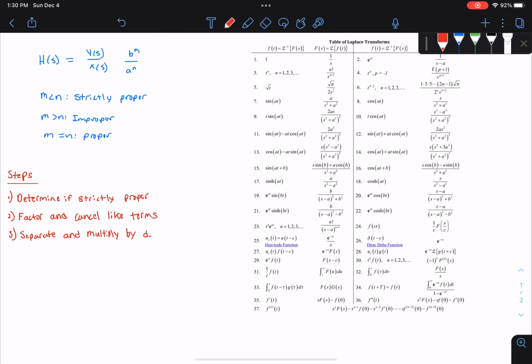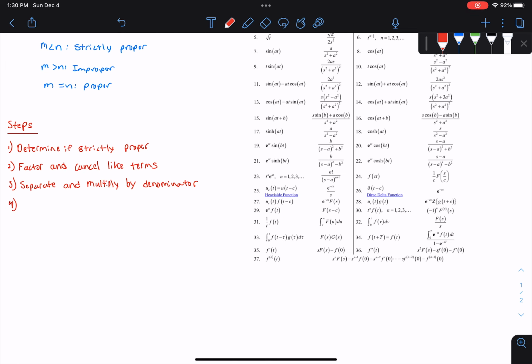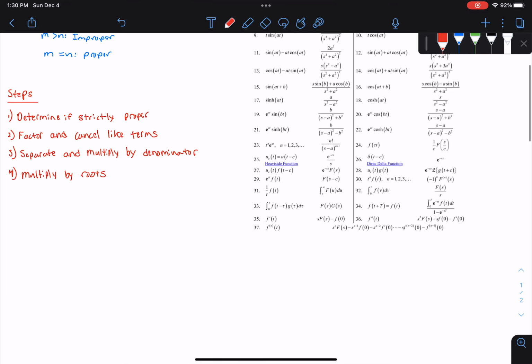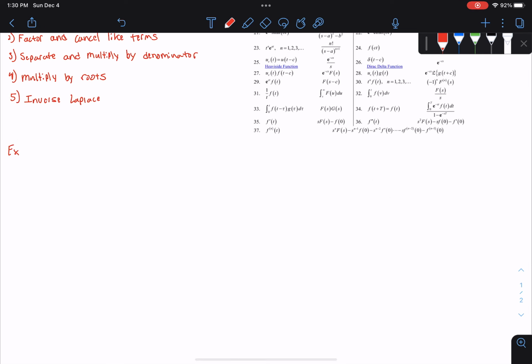Then we have step 4, which is to multiply by the roots, and then we can cancel out some terms. And last step is to then use the inverse Laplace to convert into the final answer. Okay, so now we will move on to the example.